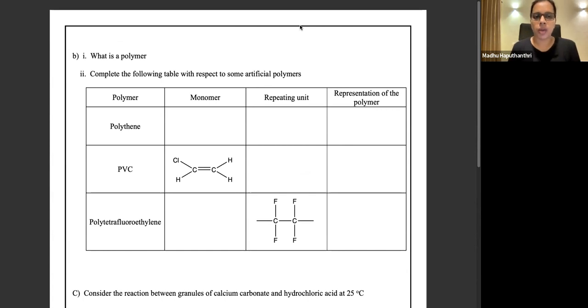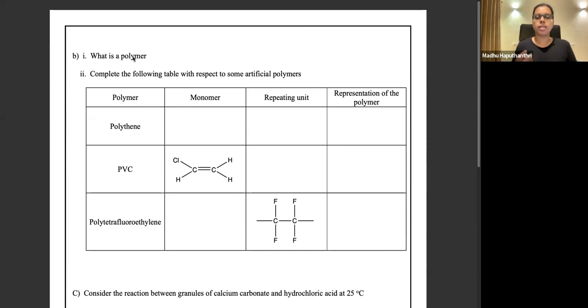So it's a large molecule formed from the combination of a large number of small molecules, right? So you have to emphasize the fact that polymers are large, if not big.